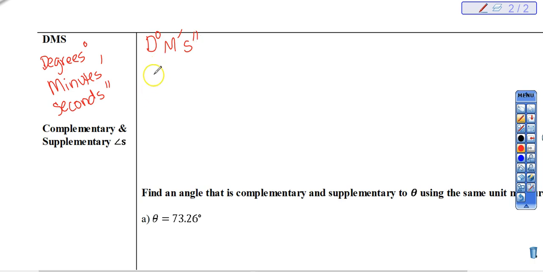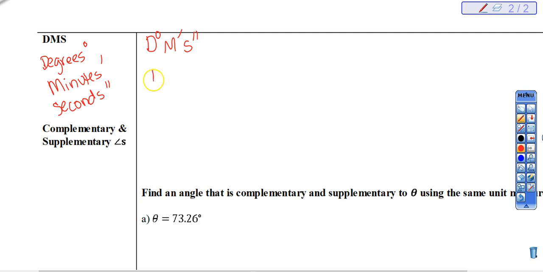So here's what you need to know. We want to be really precise with some tools that are used in life. And when we're finding 17.2598 degrees, sometimes it's easier to convert that to degrees, minutes, and seconds so that we can get a more precise measure.